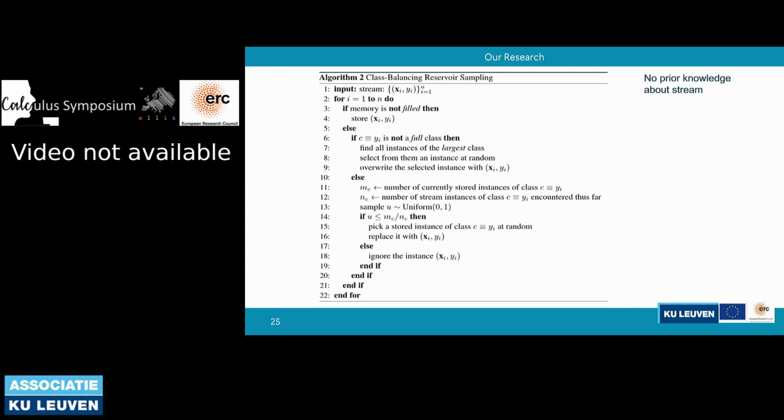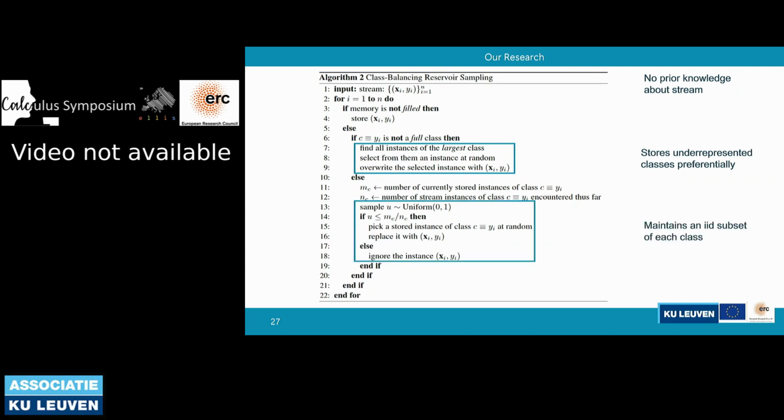There are two main points that we should focus on here to understand what the algorithm does. The first is here, and essentially we try to identify at each moment in time which classes are overrepresented in the memory, and when we detect that a class is underrepresented, we try to overwrite the instances of the overrepresented classes with instances of the underrepresented classes, so that there is a better balance between the two in the memory at each moment in time.